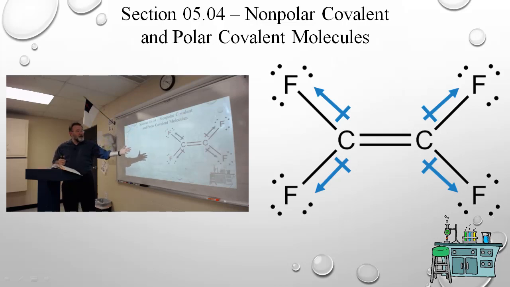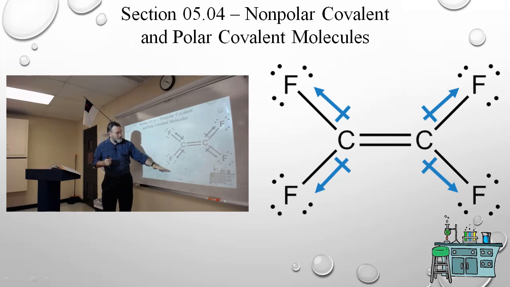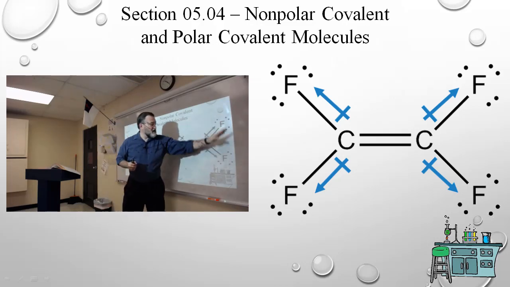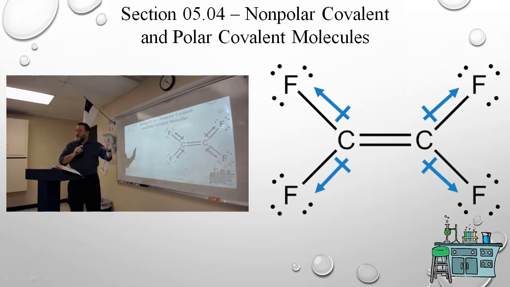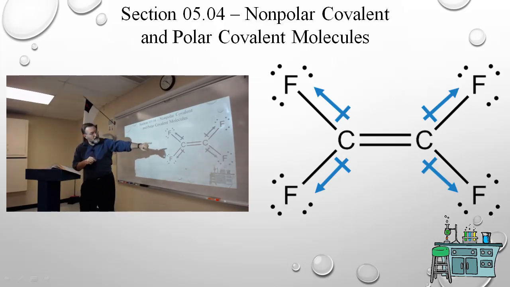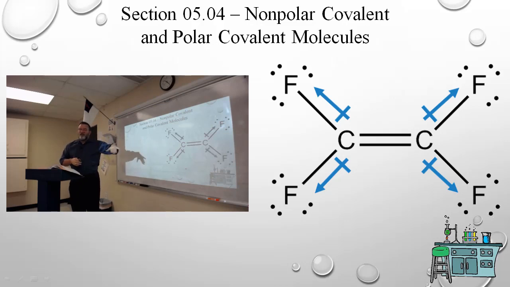Do you see how partial negatives are here, here, here, and here, that whenever we have a partial negative in that direction, we have a correspondingly perfectly symmetrical negative in the other direction. And so even though this molecule is made up with 1 double nonpolar bond and 4 polar bonds between carbons and fluorines, because it lays out with perfect symmetry, the net result is a nonpolar molecule.